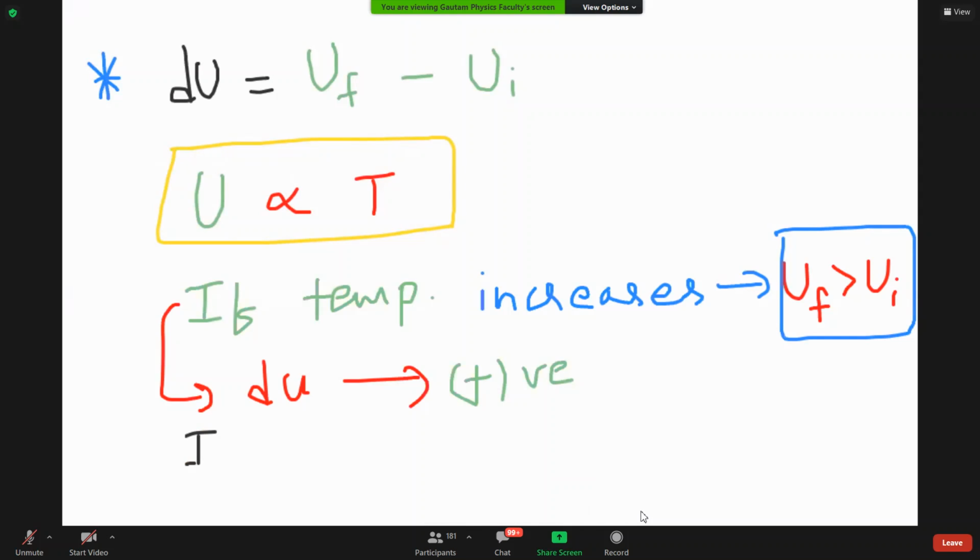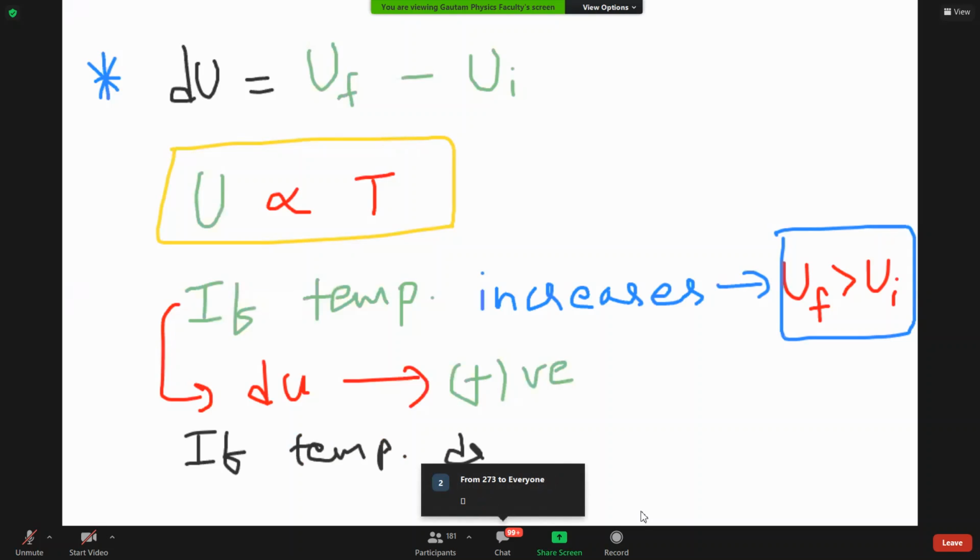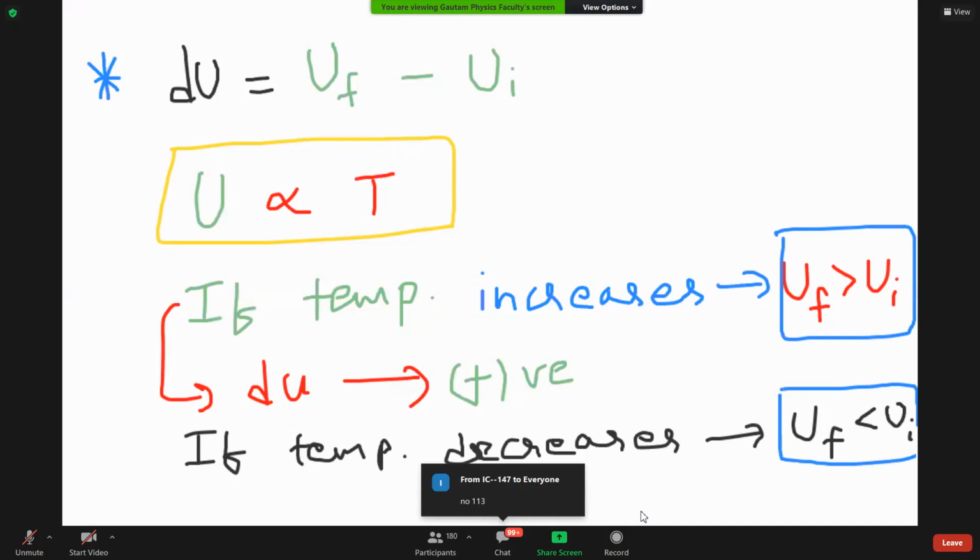Suppose temperature decreases: final internal energy is less than initial internal energy. Final minus initial, when final is less than initial, gives a negative value. So here dU is a negative value.